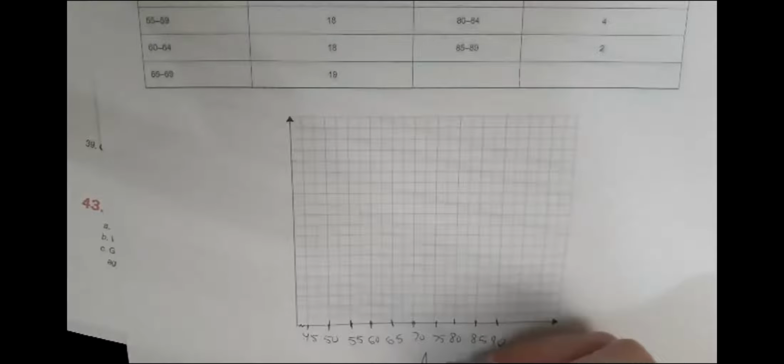So this is the age. This is the number of winners, and this is Nobel Prize by age.